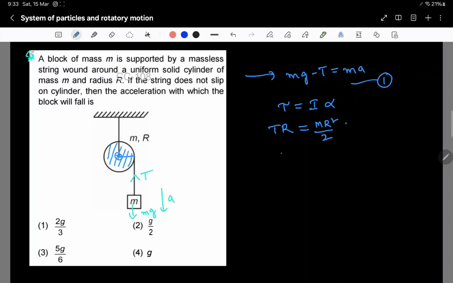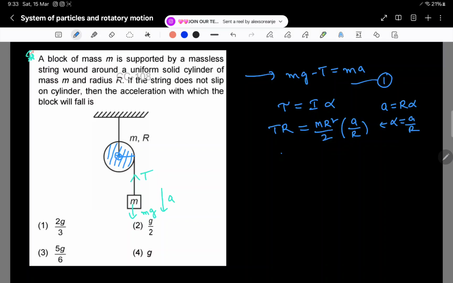In terms of linear acceleration, a equals r alpha, so alpha equals a by r; I substituted it here. One r is cancelled, this r also cancelled. So the tension is ma by 2. The mass of the disc is also small m only, so ma by 2 is the tension in the string.